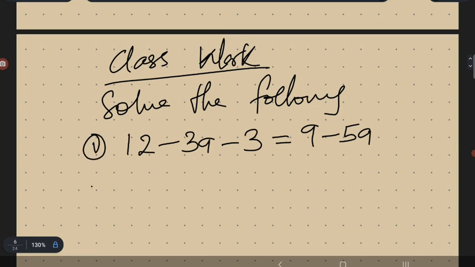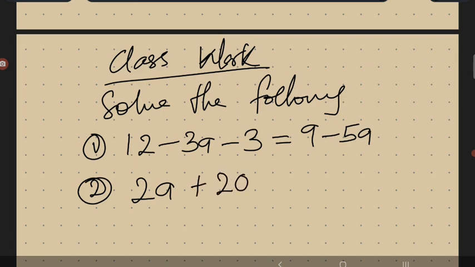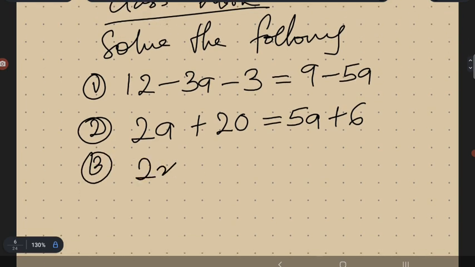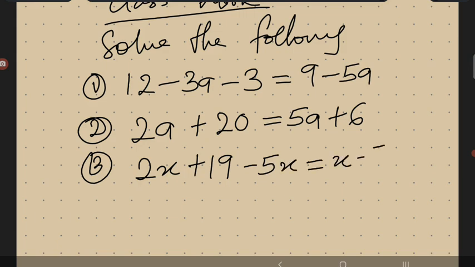Number 2, we have 2a plus 20 is equal to 5a plus 6. Number 3, we have 2x plus 19 minus 5x is equal to x minus 5. So I want you to solve this and send it to me in my WhatsApp group or in the comment section, anywhere you come across this video.